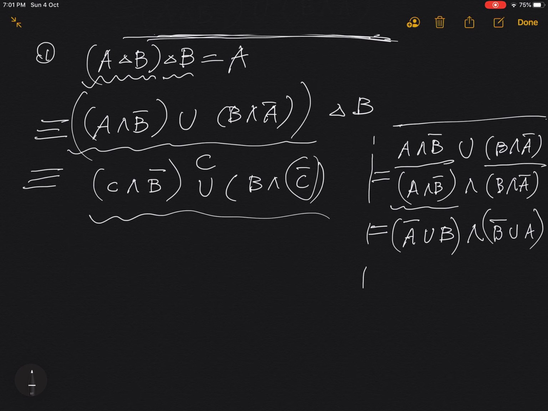And then that's the complement of set C. Okay, and then we need to take the concrete expression of C into C here.